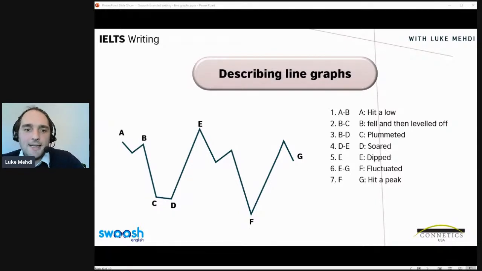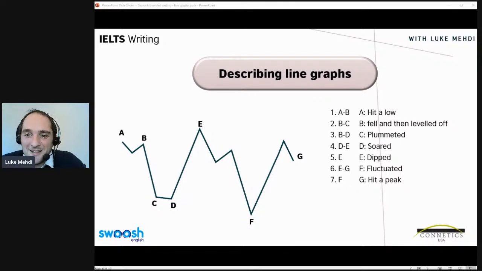D to E, that is a very, very big change. And it's going up. Which word there? Very big change, going up. And I can guess what some people will say, but before you say hit a peak, look at number five. Okay, good, Zab.